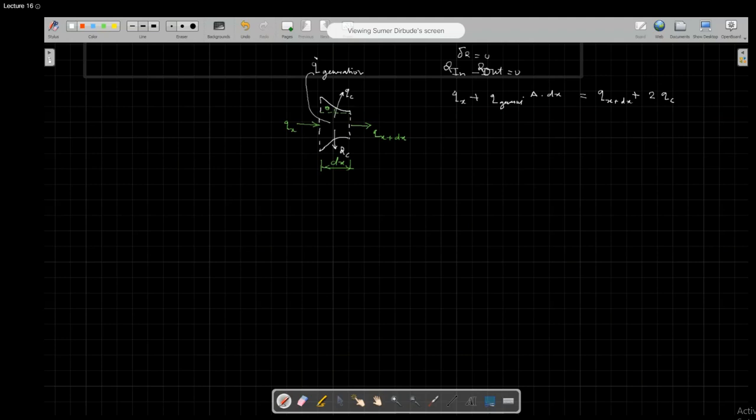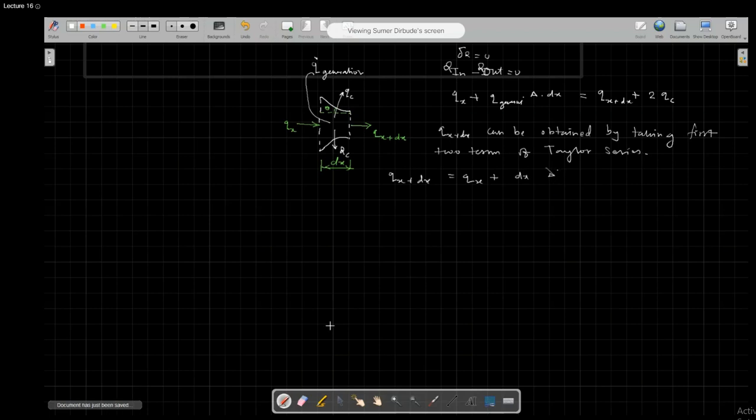Here Qx plus dx can be obtained by taking the first two terms of the Taylor series, and we can write Qx plus dx is equal to Qx plus dx del Qx del x.